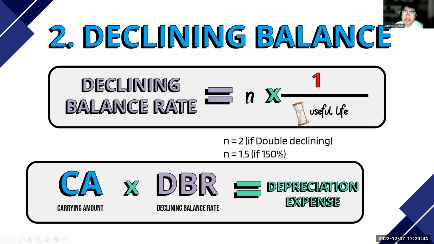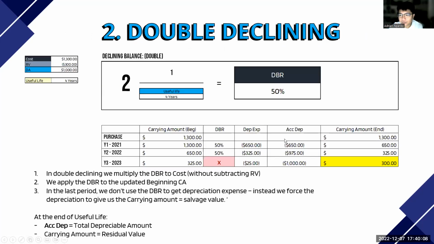If it's 250%, it's 2.5, etc., etc. But you have a multiplier of N. You multiply by 1 over the useful life. And usually that will give you a percentage. So usually it's around 50% or whatever. What you do is you get your DBR or declining balance rate, and then you multiply it by your current amount or your beginning current amount to get the depreciation expense for that year.